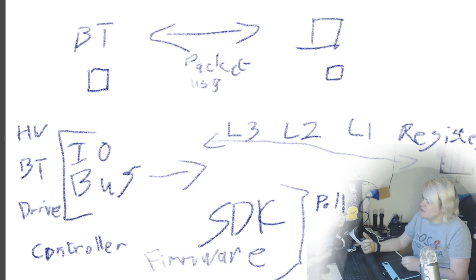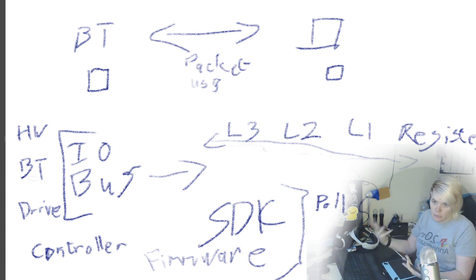And the reality is, with this poll controller, when you call that function, the Bluetooth chip might still be doing its work. The I/O bus might still be doing its work. The firmware might still be doing its work, and then as you call that function, that's when the latency of pulling it off the I/O bus, going through L2 into the registers and pulling that all out will work.